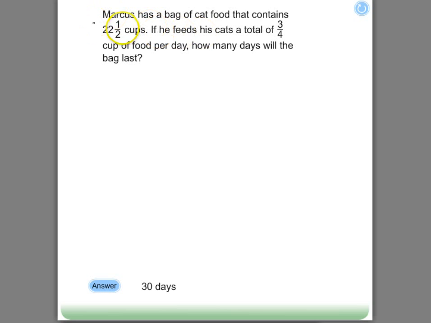So basically what he's going to do is divide this big amount into 3/4 cups. We're trying to see how many little 3/4 cups we can get out of there, since he's giving it to his cat each day. So here we go ahead and say we are going to divide by 3/4.